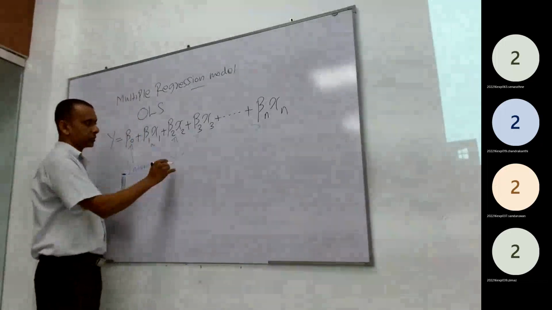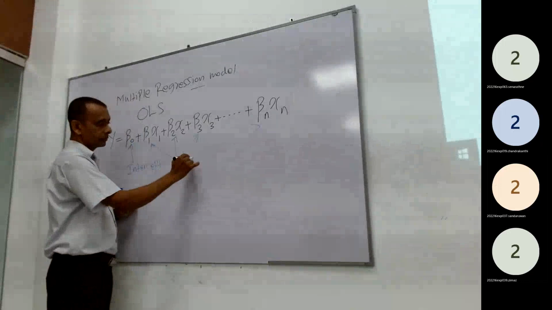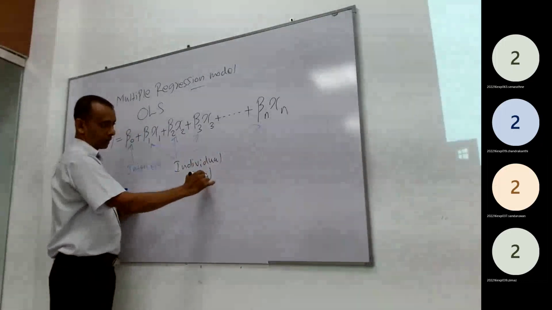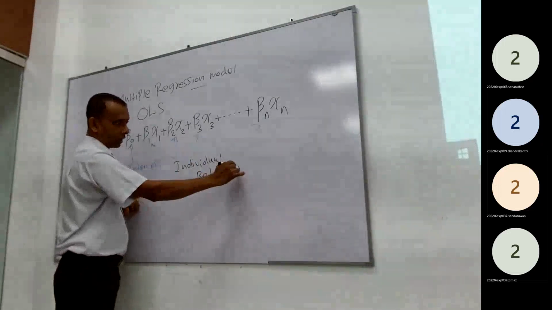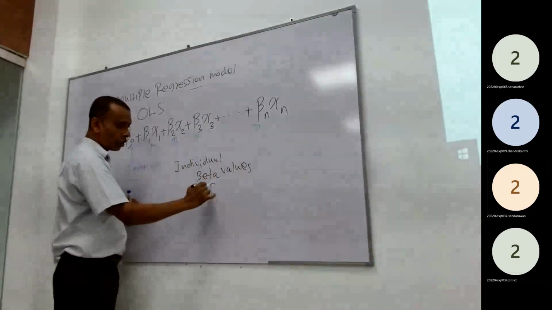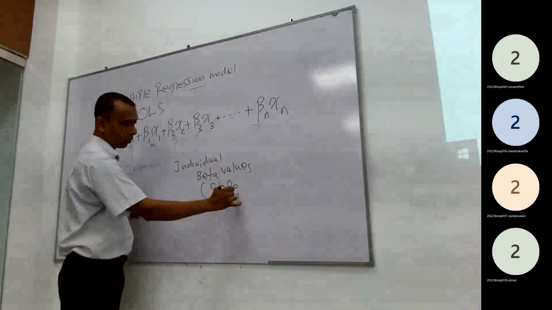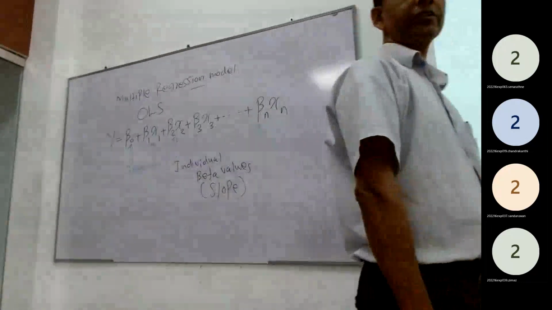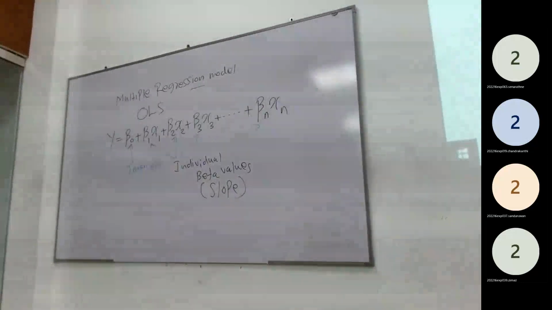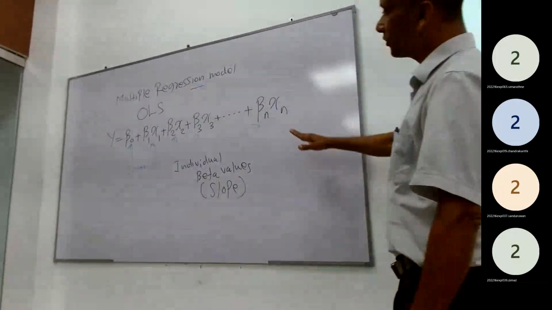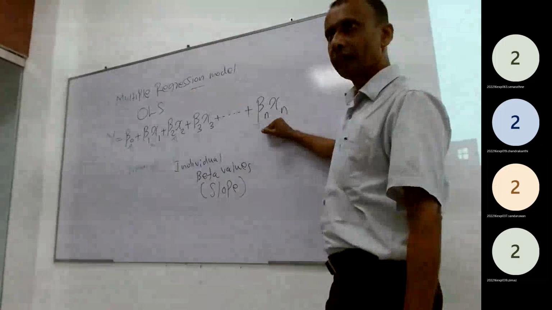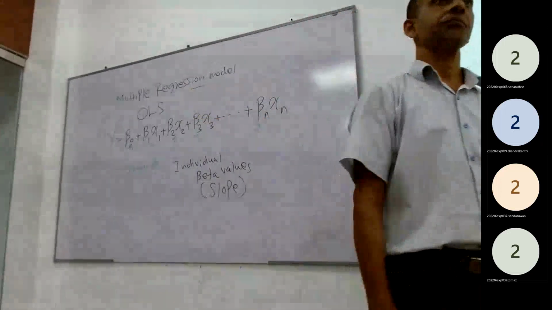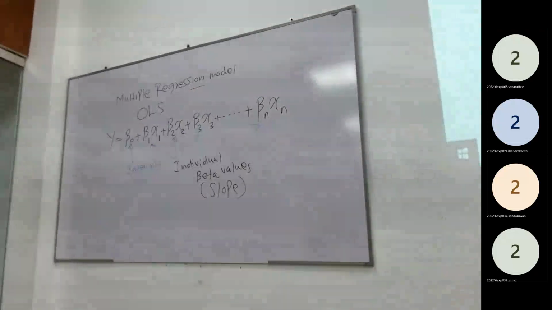The beta values, that is the slope, the gradient. You need to calculate them. Right, the standard model we write like this. This is the model.